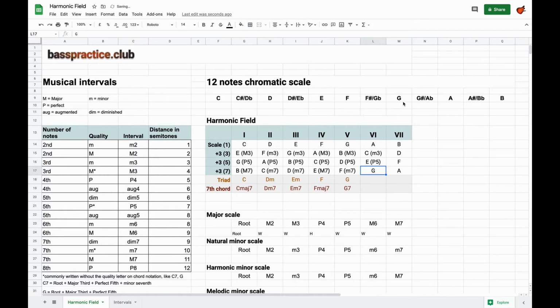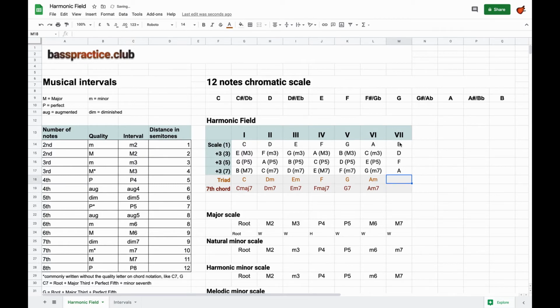And from A to G, 1, 2, 3, 4, 5, 6, 7, 8, 9, 10. And we already saw that this is a minor 7. So it's the same thing as D and E. We have an A minor chord here and an A minor 7 chord here.